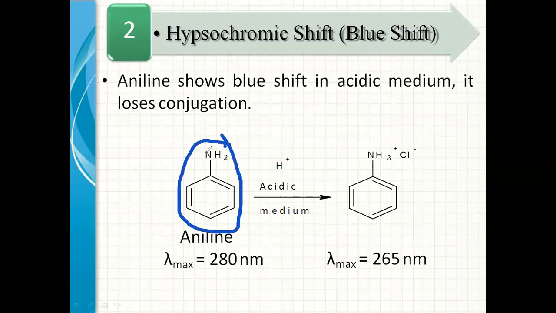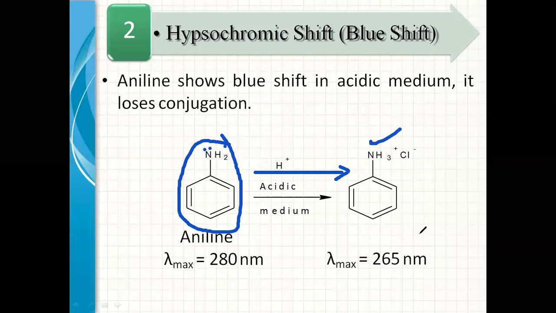The pi electrons are delocalized because of conjugation. But in acidic medium the conjugation is lost, and because of the loss of conjugation, lambda maximum becomes 265 nanometer.